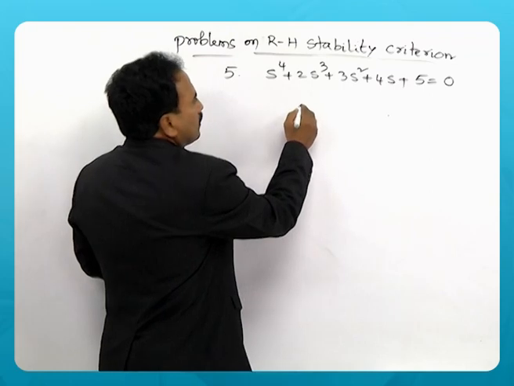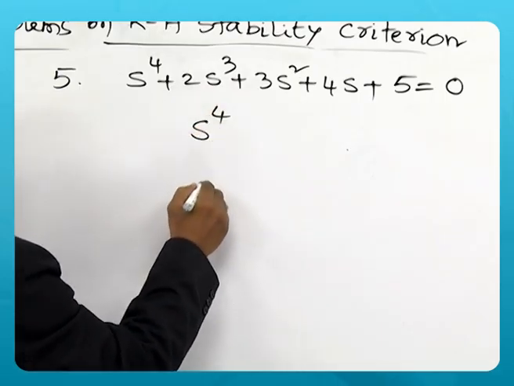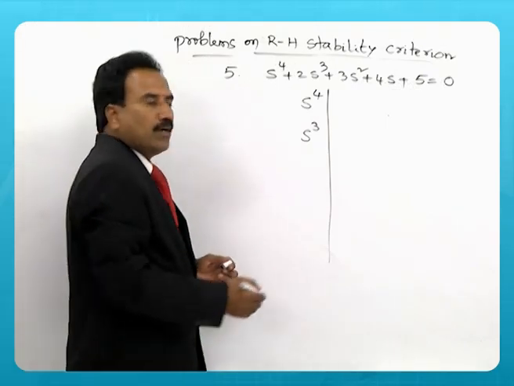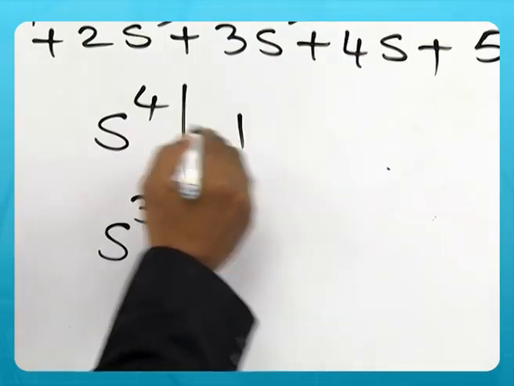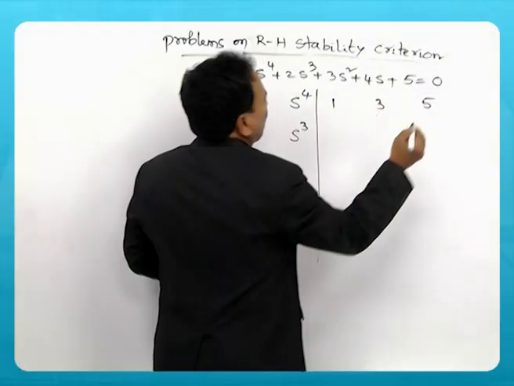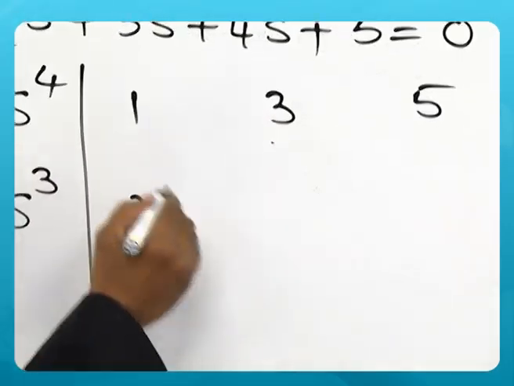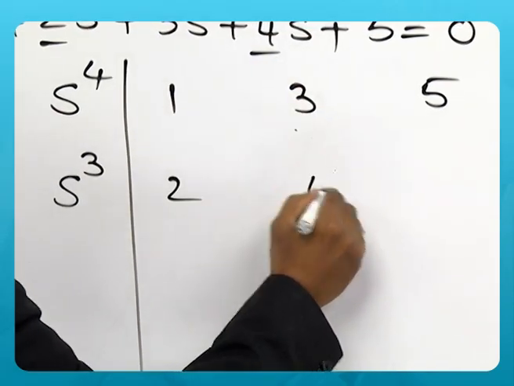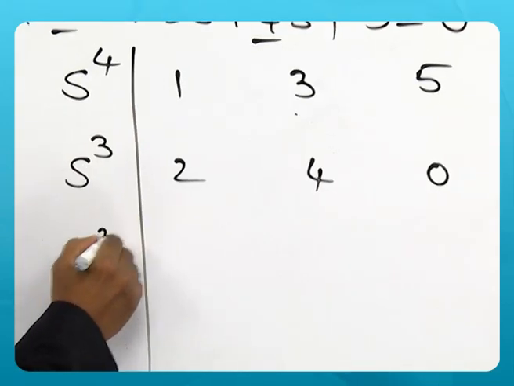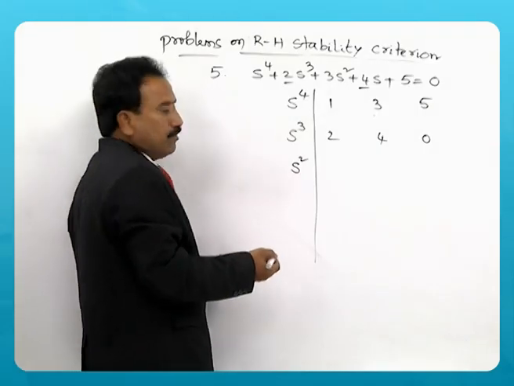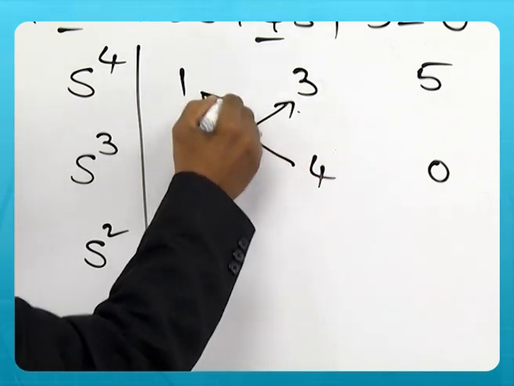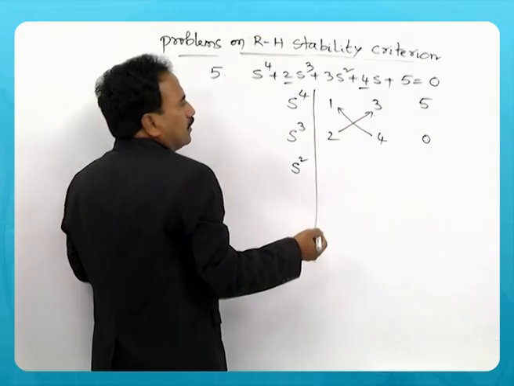So for this, as you are aware that s power 4 and s power 3 rows are to be formed from the given characteristic equation: 1, 3 and 5 and 2, then 4 and then 0. Now you need to obtain s power 2 row from this. 2 3s are 6 minus 4, 2 by 2.